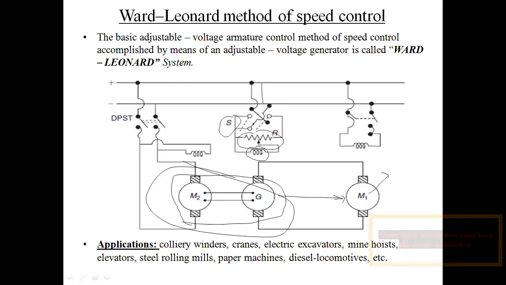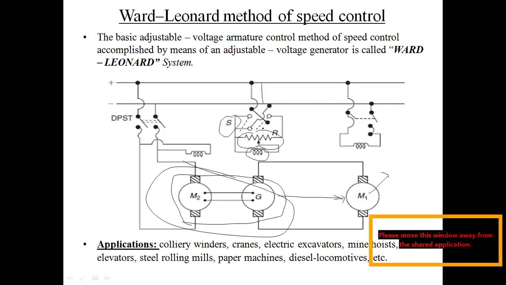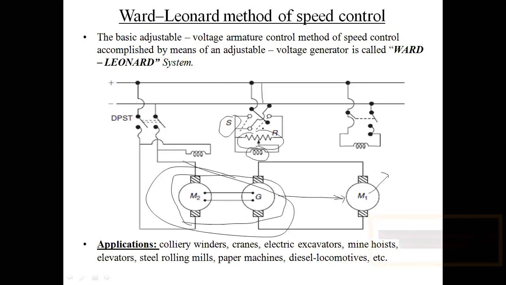That's why this method or system is known as the regenerative control method. By the action of the switch, we get varying voltage in both directions just by changing the position of the switch, so we have regenerative action.